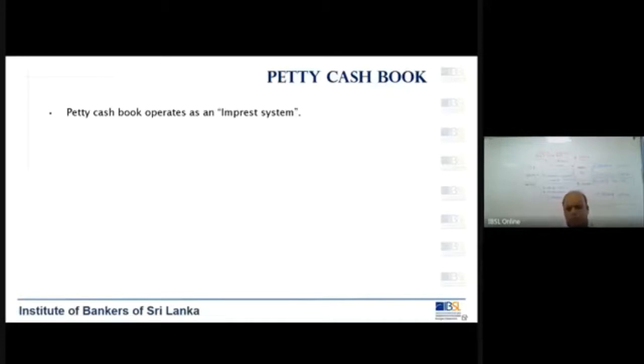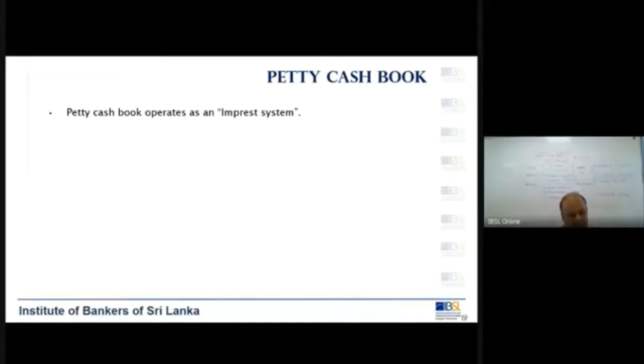Petty cash book. So the name itself gives you an understanding. Now you already have a cash book, and now we are talking about a petty cash book. That is like a mini cash book. You have a big cash book and you also have a mini cash book.